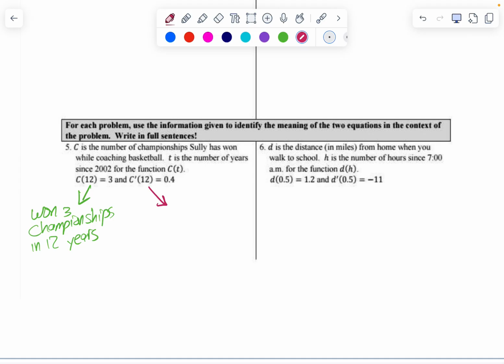Yeah, because remember, this is instantaneous rate of change at one point. So in year 12, Sully is winning 0.4 championships per year. That's pretty good. It's a really weird context for that to me, but whatever.